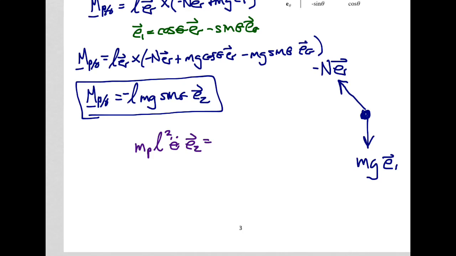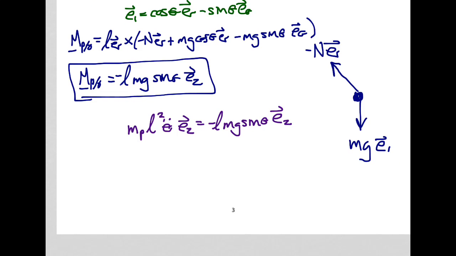And this is equal to negative L m g sine theta in the positive e_z direction. We take our scalars out and solve for theta double dot, and we get the expression theta double dot is equal to minus g over L sine theta.